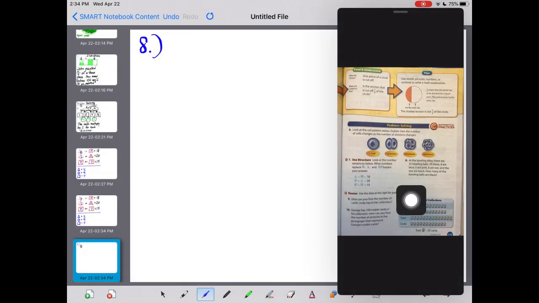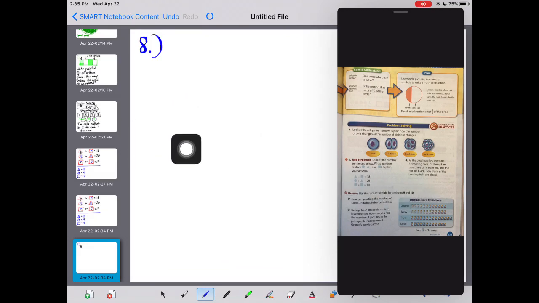All right, let's move on to number 8. Okay, number 8 says, at the bowling alley, there are 32 bowling balls. Of these, 8 are blue, 5 are pink, 6 are red, and the rest are black. How many of the bowling balls are black?